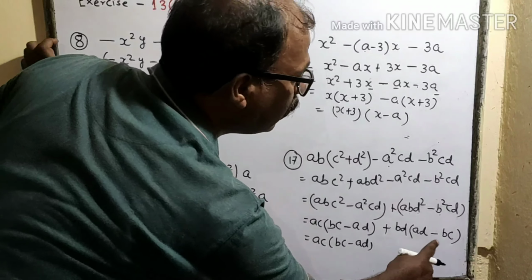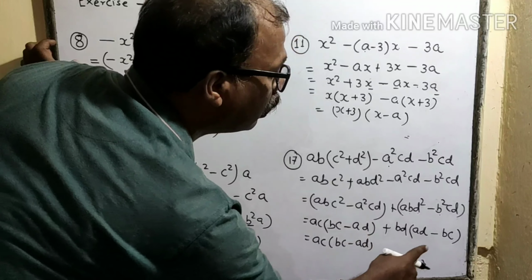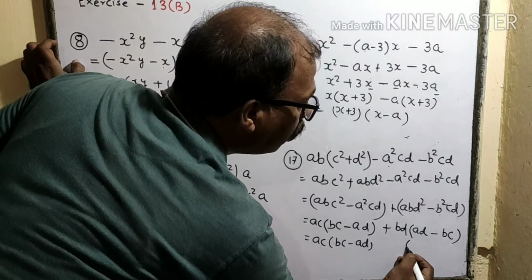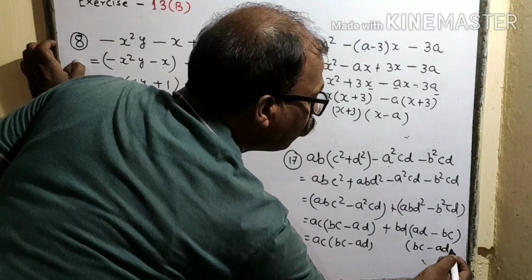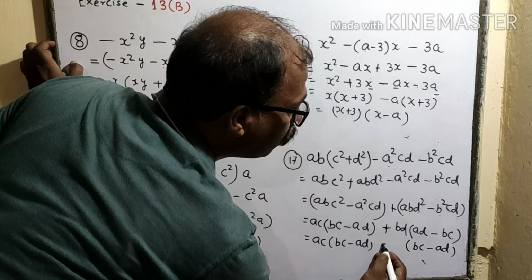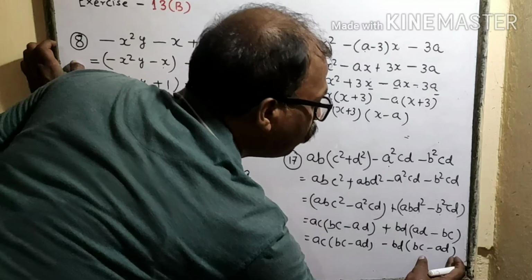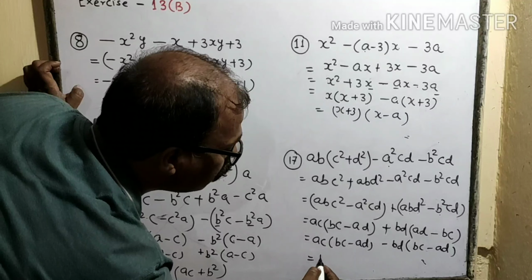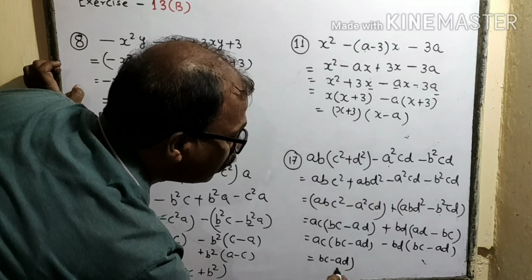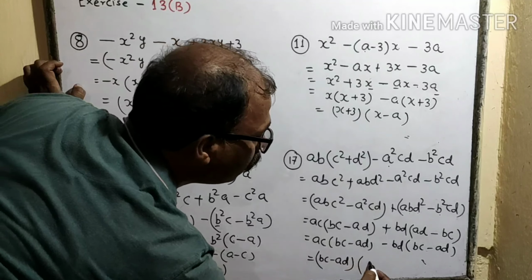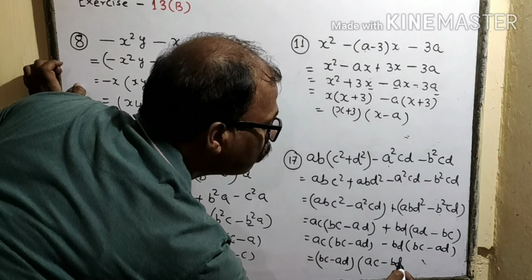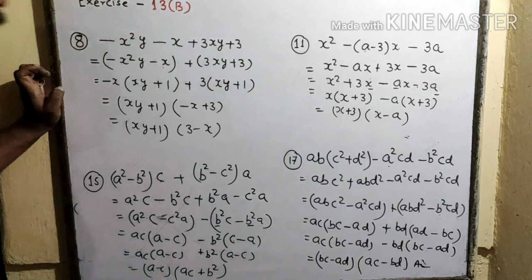See, its sign is ad minus bc. It is bc minus ad. So we'll change it to bc minus ad. So what will happen? This plus sign will change to minus. So now bc minus ad here, bc minus ad here. bc minus ad as one of the factor, and second factor will be ac minus bd. And your result has come out.